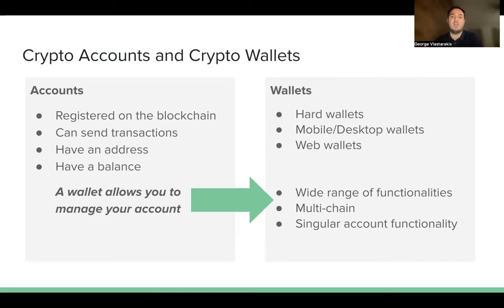And they also provide a singular account functionality, since in many cases, many of these platforms in the crypto ecosystem do not hold accounts on their own platforms, but allow you to log in and provide credentials from a wallet of yours, and they sync up with your wallet immediately instead of having to hold your personal information.